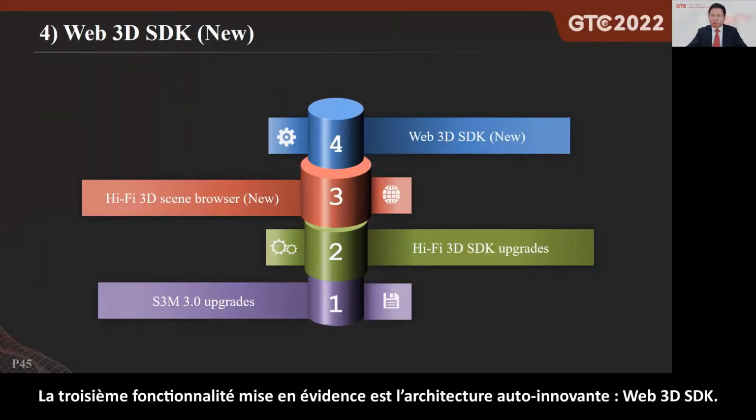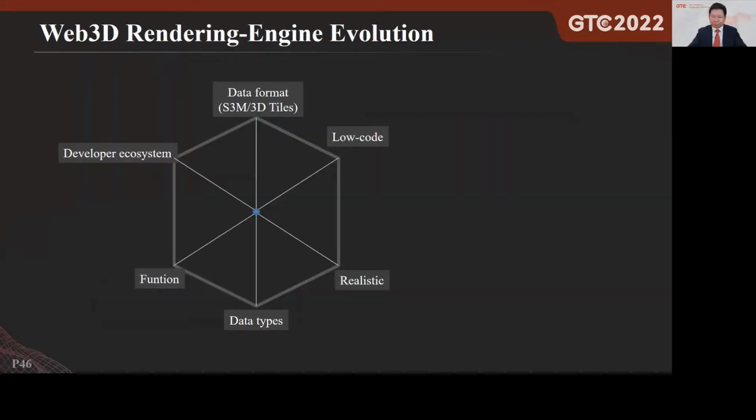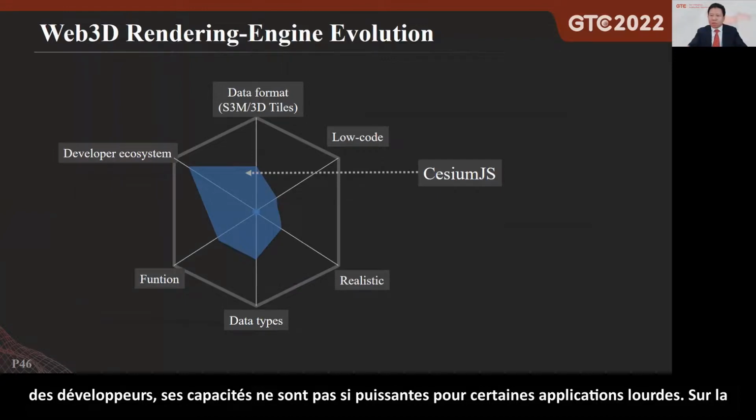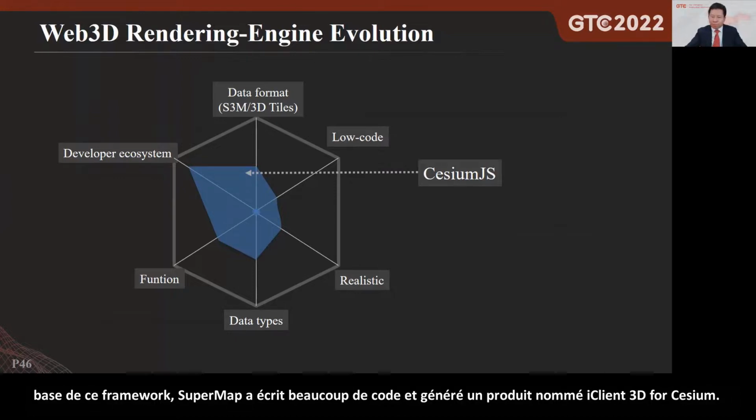The fourth highlighted feature is a brand new Web 3D SDK. The open source product, Season, released Season.js earlier. Although it supports the developer ecosystem, its capabilities are not that powerful for some heavyweight applications.